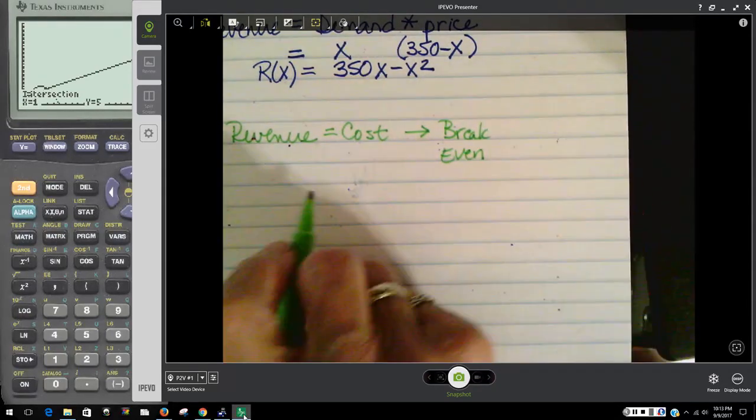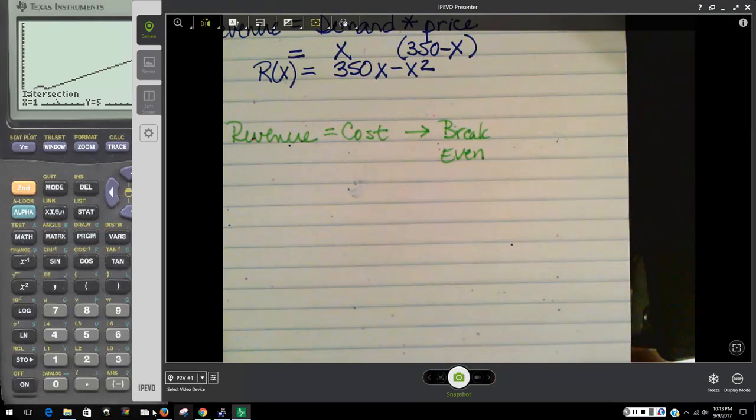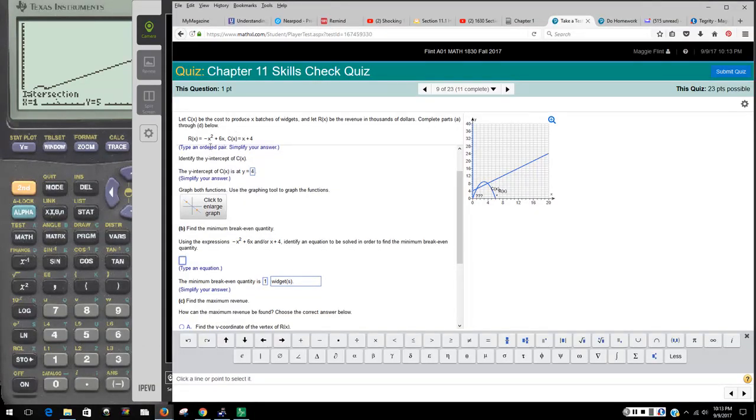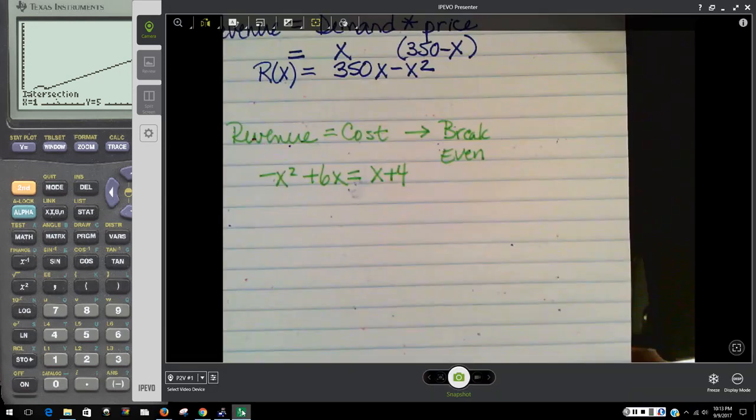So the equation that you might actually solve is negative x squared plus 6x is equal to x plus 4. So that's an equation you could solve to actually find your break-even point.